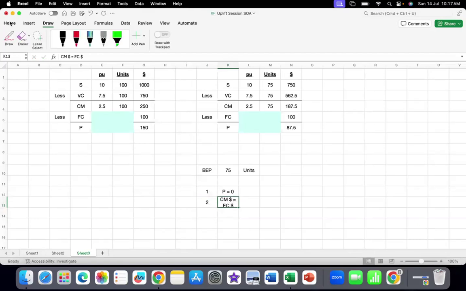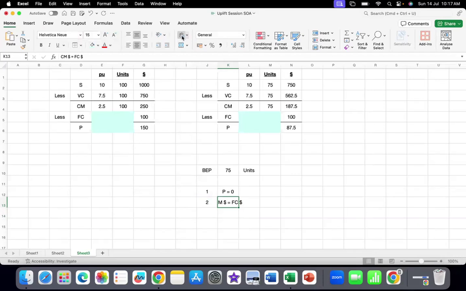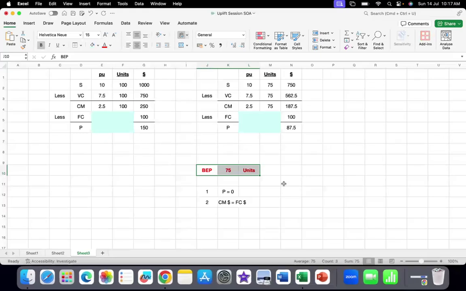So now tell me, if you have got a 75 answer with you, and you're putting it here, and your fixed cost in value is not equal to your contribution margin, or your profit is not equal to zero, that means these BEP units which you have calculated are incorrect. That's how you can quickly check once you have this table ready with you.